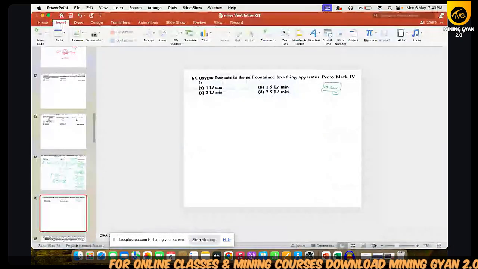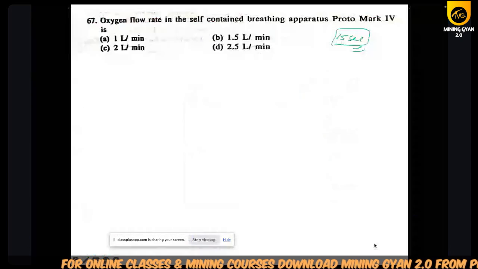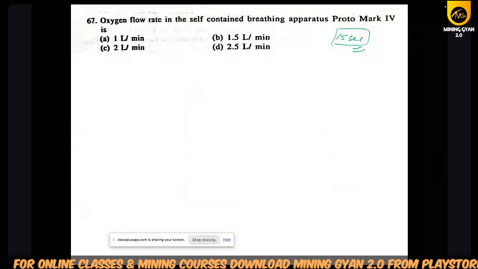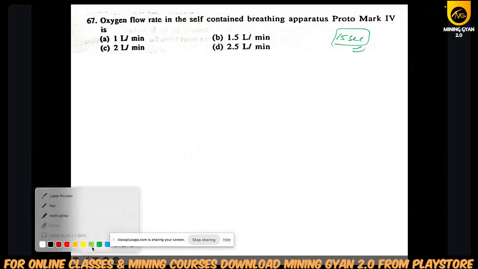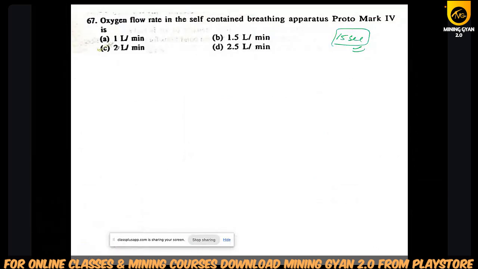Prototype Mark 4: 2 liter per minute. The oxygen flow rate in the self-contained breathing apparatus Prototype Mark 4 is 2 liter per minute.